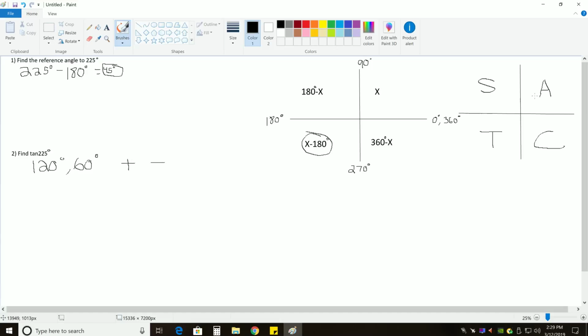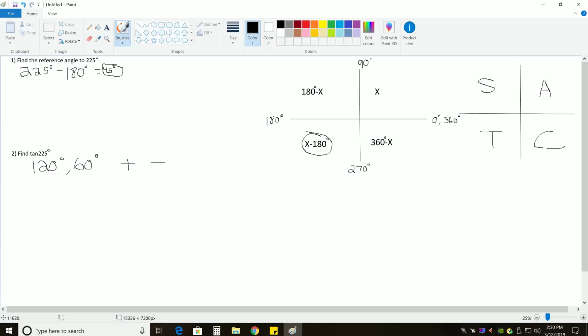And that's where our table of ASTC, or All Students Take Calculus, comes in. Remember, this A means all trig functions are positive here, S means sine is positive, T means tangent is positive, and C means cosine is positive. So, once we find our reference angle, we just have to check where our original angle was located.